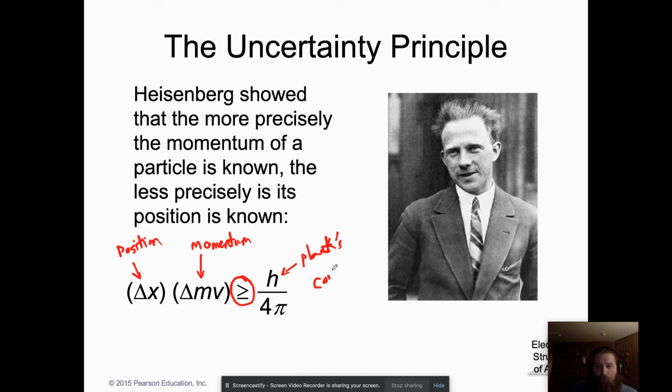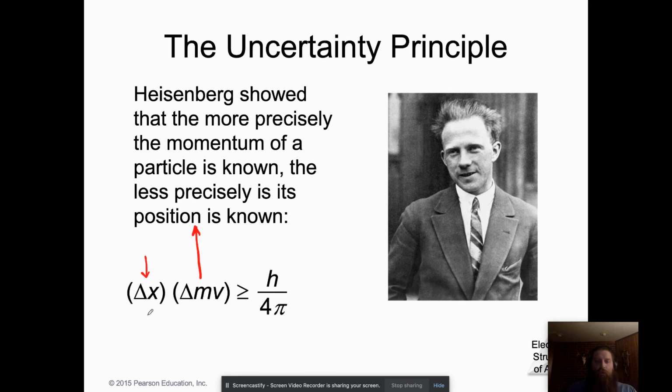Planck's constant. All right. So we learned about the uncertainty principle in year one chemistry. We said you can't know the location and the speed of an electron at any given time, and that's where we stop. So now let's take it a step further. Let's actually look at the equation. Since it is an inequality, as this number goes down, in order to keep the inequality the same, this number must go up.